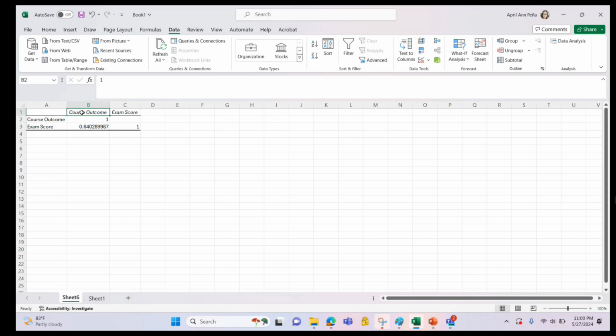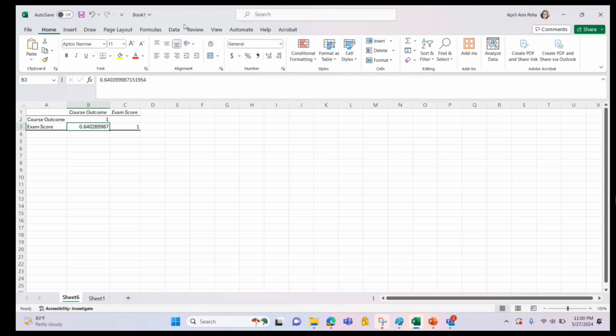What we need is the course outcome and the exam, the intersection. So this cell. You just go to home and reduce the number of decimal places. You click this, decrease decimal, so just 5, like that. And then this cell, you just copy it. So Control C, place it here, or paste it there. Okay. So this is our correlation coefficient.